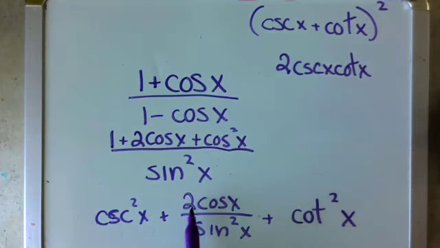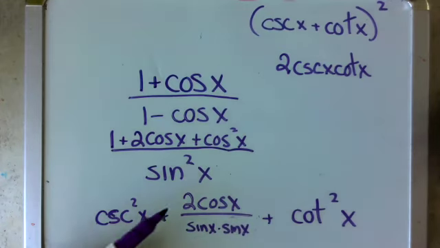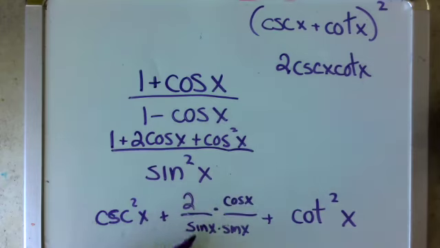Well, I've got my 2. Now, how do I turn this into cosecant times cotangent? Let's take our sine squared and rewrite that as sine x times sine x. Then we can take this middle term and separate it into 2 over sine x times cos x over sine x. 2 over sine x can be rewritten as 2 cosecant x.